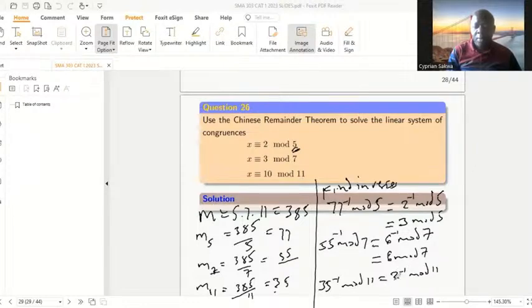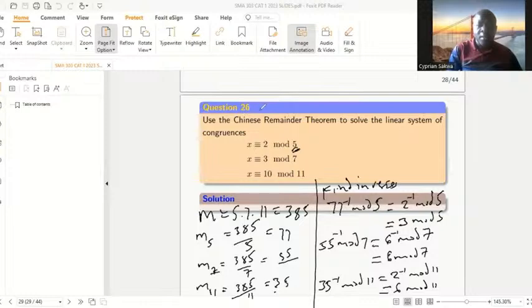What number when multiplied by 2 and divided by 11 would give me a remainder of 1? Just try 0 to 10 and you'll find that 6 will be it. That 6 will be that inverse, because 6 times 2 is 12, divided by 11, gives the remainder 1.